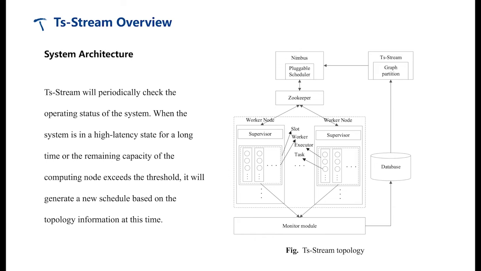As you can see here, we still have the basic components of the Storm streaming system like the Nimbus, Zookeeper, the worker node, and supervisor, etc. The three new components that we add here are TS-Stream with the graph partitioning algorithm, a database, and the monitor module.